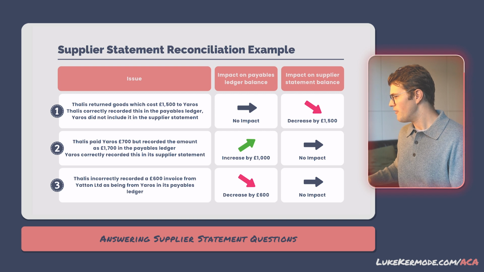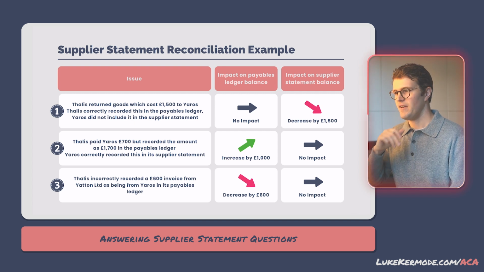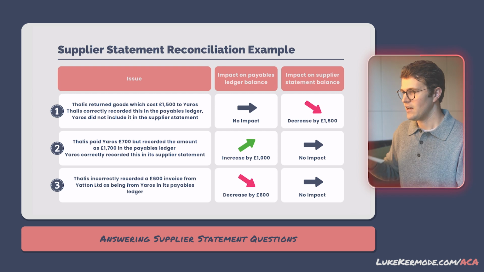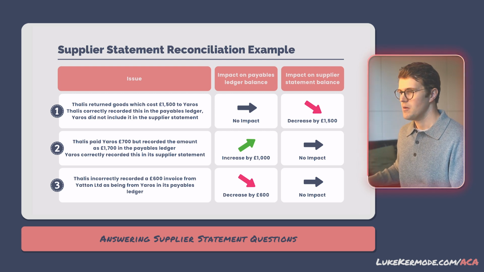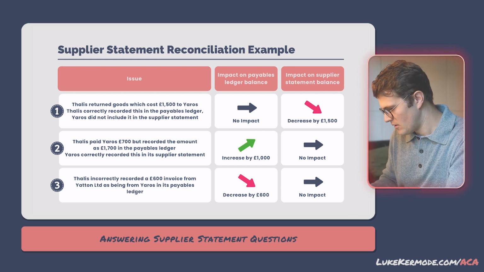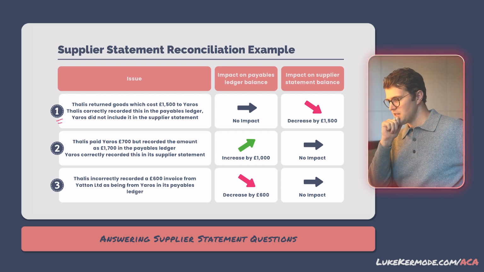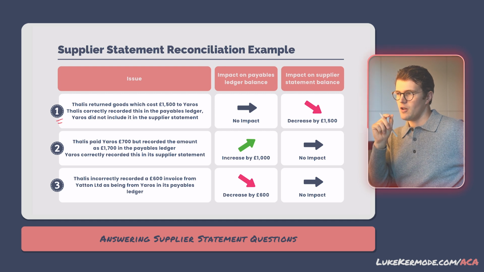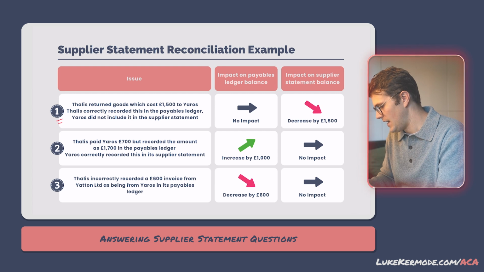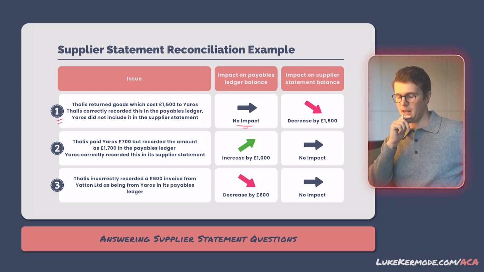So let's first evaluate the effect of each issue on both Thales' payables ledger balance and on the supplier statement balance produced by Yaros. So first let's look at the £1,500 return. Thales recorded this correctly, so there's no change needed in their payables ledger balance.